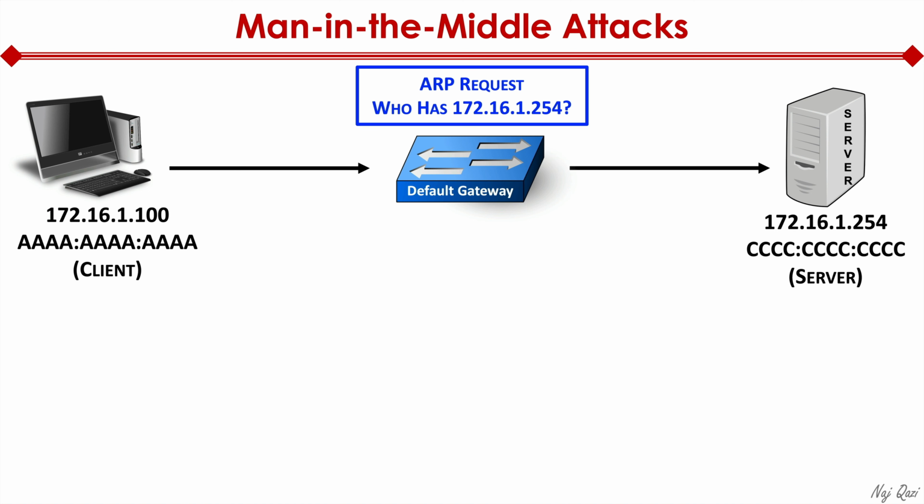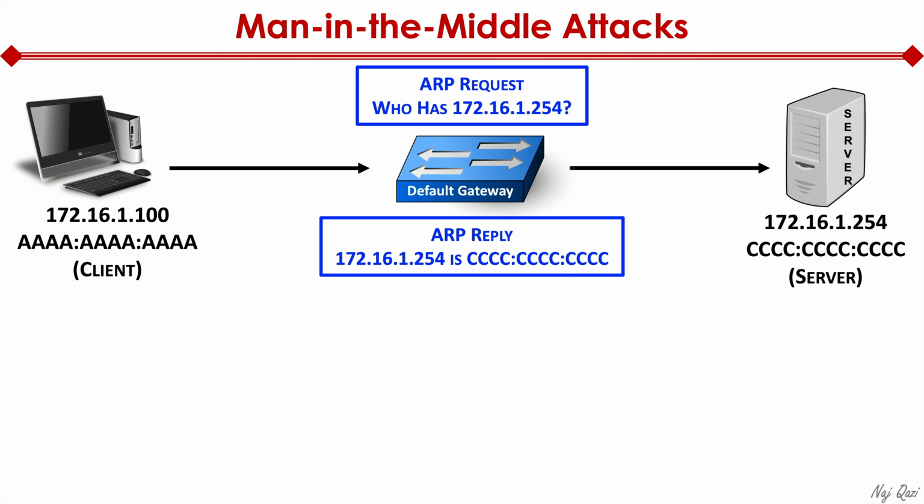Well, what does the switch do? If it doesn't have a MAC address already learned, it goes ahead and floods that packet out all ports. Every single port gets flooded except the port that it initially received the message on. That's how switches behave. Eventually that server will get that request and reply back saying, here is my MAC address.